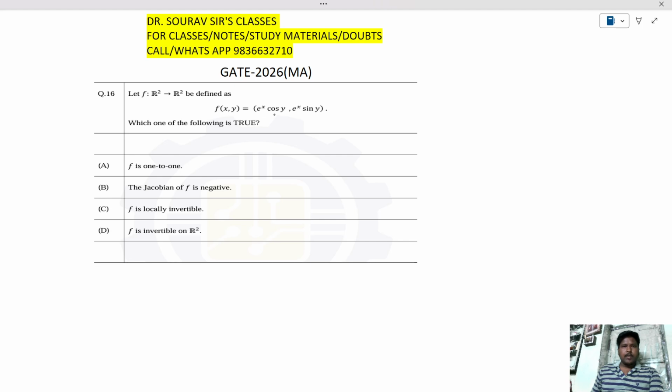e to the power x cos y and e to the power x sin y. Okay, so is f 1 to 1? So पहले ऑप्शन देखें. Okay, so given f(x,y) is e to the power x cos y and e to the power x sin y.